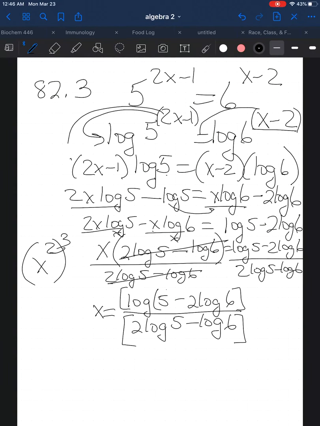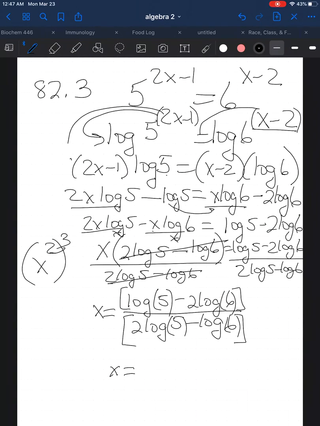But when you put log in your calculator, it's automatically going to bring up a parenthesis. You have to close that. Same thing here, and then close the bracket. Same thing down here. So there's a lot of places that you have to put a parenthesis in. But if you want to, you can go ahead and get the decimal value for that. You just have to be super careful.